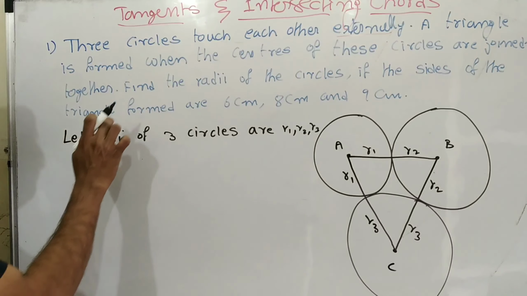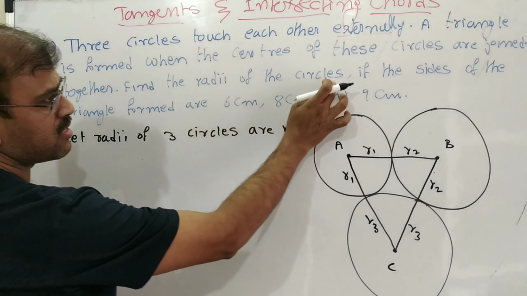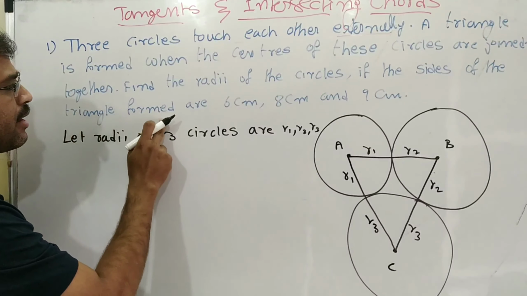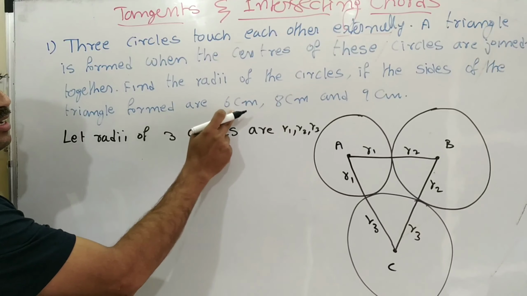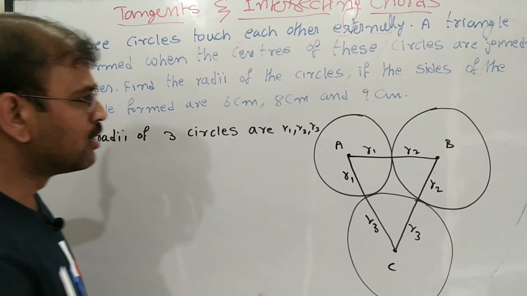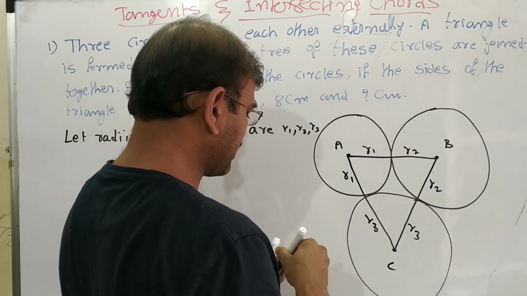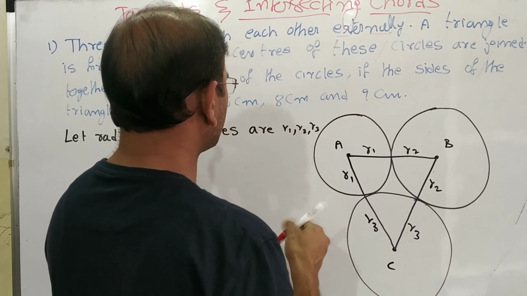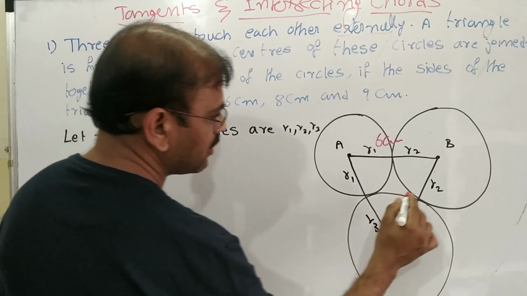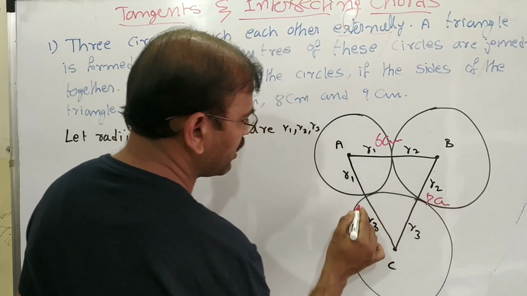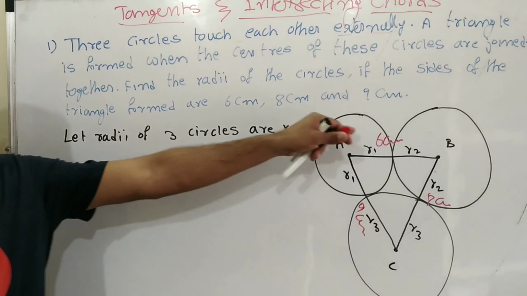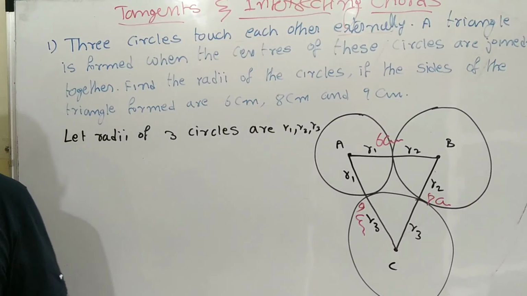Now look at here. Find the radii of these three circles if the sides of the triangle formed are 6 centimeter, 8 centimeter, 9 centimeter. So here they have mentioned one side is 6 centimeters, another side is 8 centimeters, the third side is 9 centimeters.